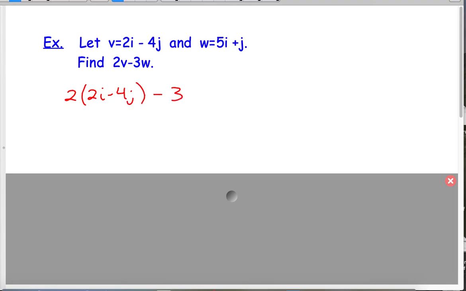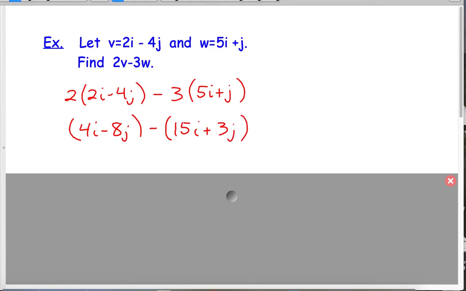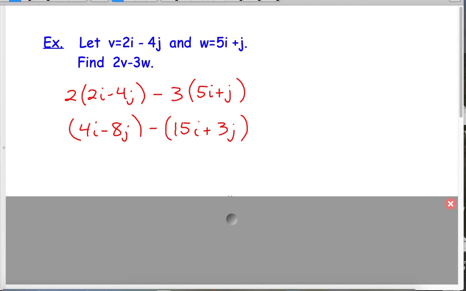And then I'm going to do 3 times w, which is 5i plus j. So that's going to give me 4i minus 8j minus 15i plus 3j. And distribute that subtraction sign.